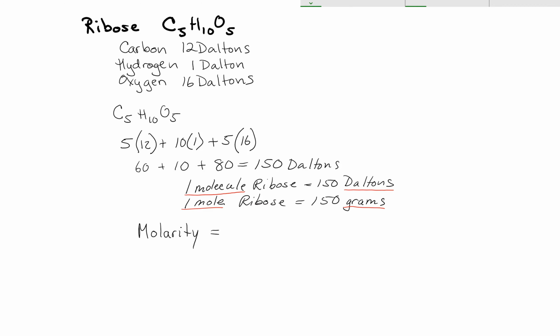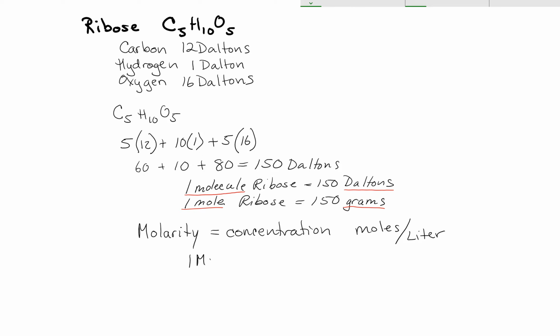is a measure of concentration. Essentially, it tells you how many moles of a solute you have per liter of solution. So let's say I asked you to make a 1 molar solution of our ribose here. You know that you want to add 1 mole of ribose per liter of solution, right?